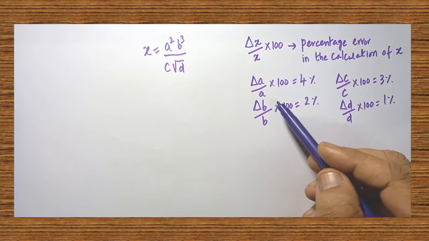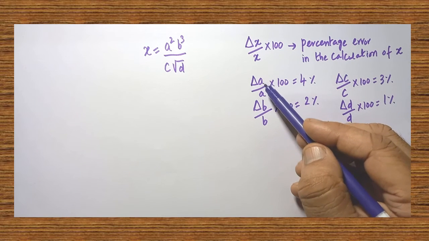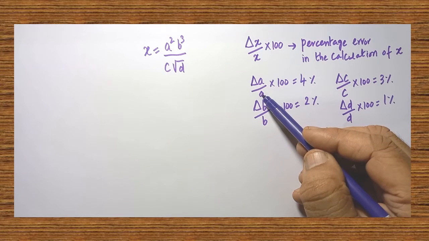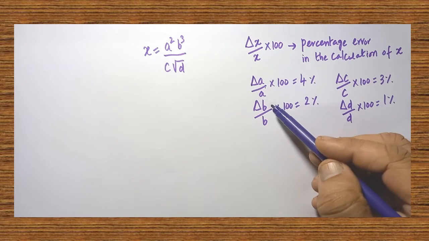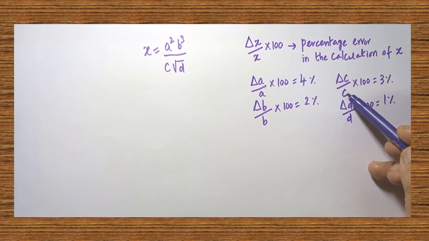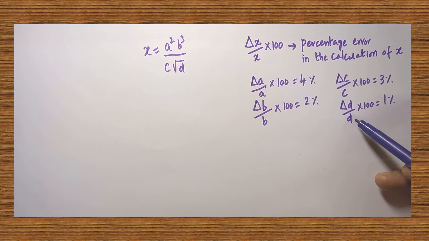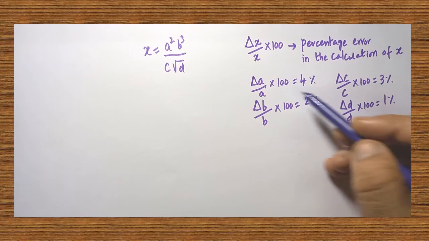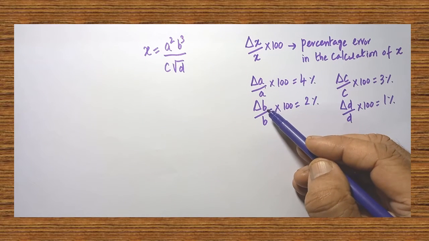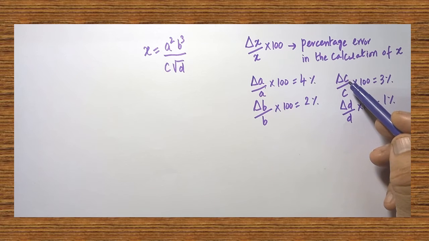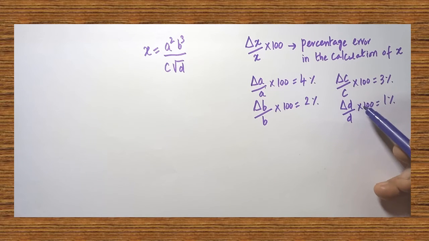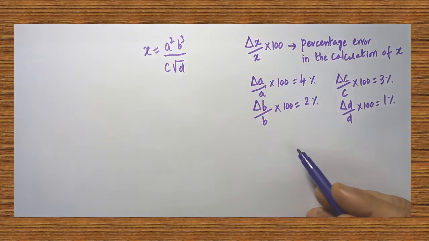In this problem, the del A by A value is given. Del A by A, del B by B, del C by C, del D divided by D. They are all called the percentage of error while measuring A, the percentage of error while measuring B, the percentage of error while measuring C and D, and their percentages are given.